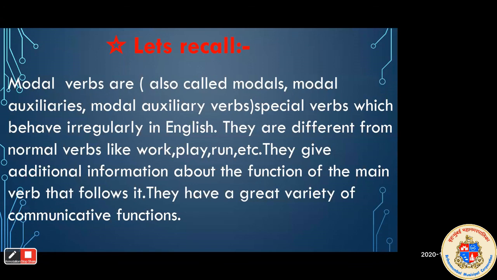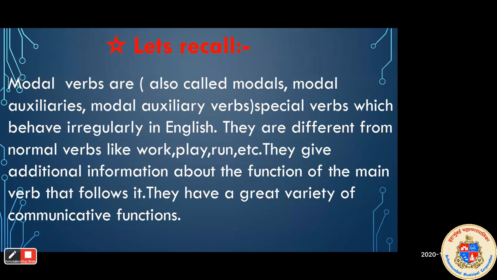A modal verb always comes with the main verb in the sentence, and it gives additional information about the main verb. When we use a modal verb in the sentence, there is one root or main verb also. The modal verb gives more information or helps to express the function of the main verb.